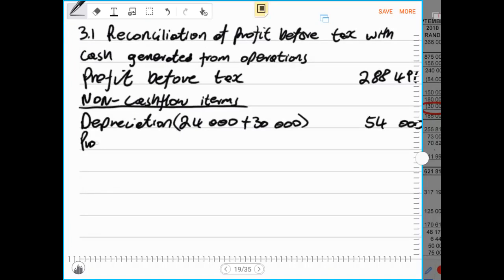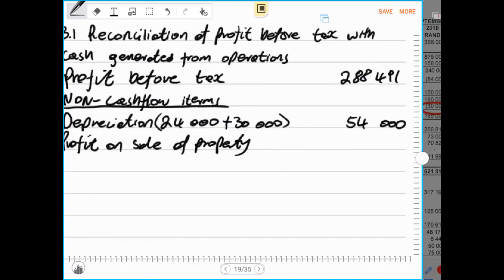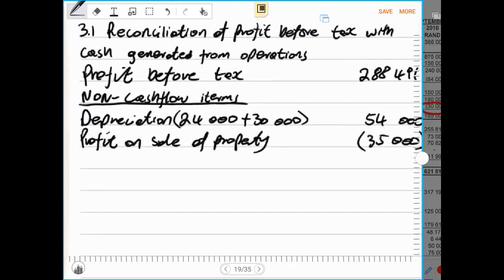Therefore, now we have profit on sale of property, and that profit on sale of property, as we have seen, amounted to 35,000 rands. So now that 35,000 rands increased our incomes. Therefore, we are removing that profit, and another profit will be a profit on sale of investment.